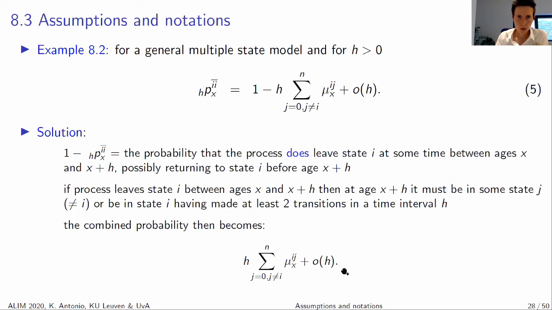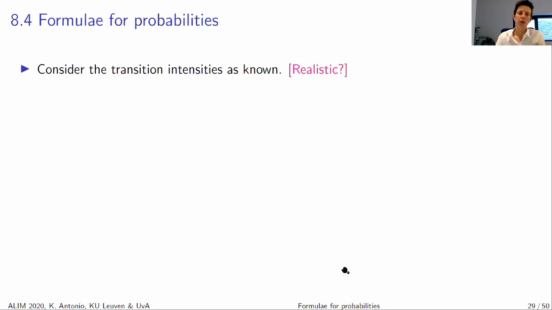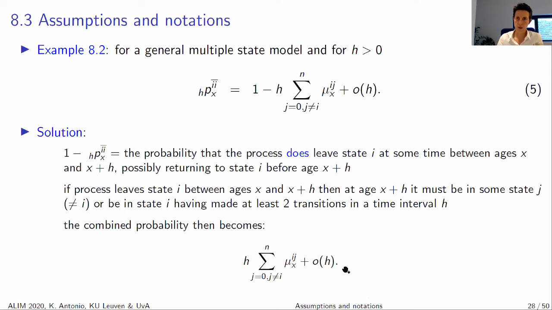Okay, good. So that was section 8.3. So what did we do in section 8.3? We put together a meaningful notation to be used in our framework. And we introduced the concepts of transition probabilities, transition intensities.